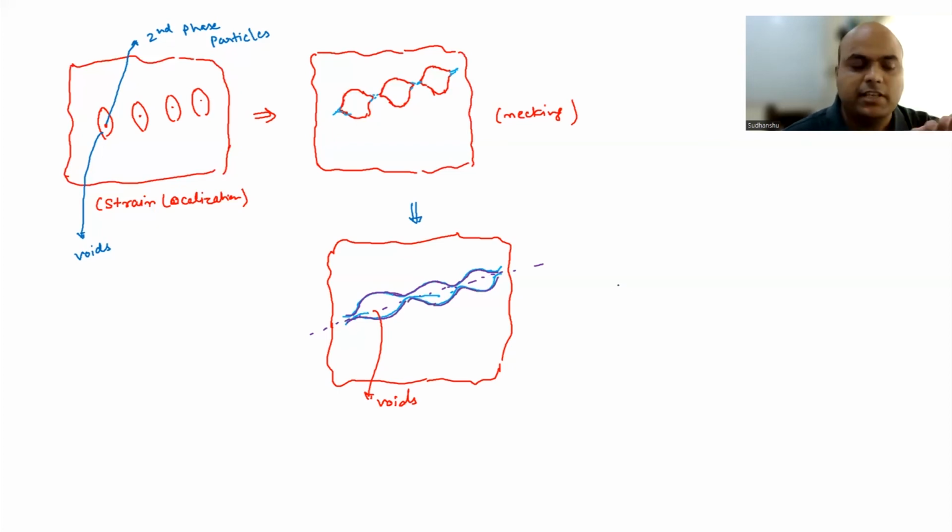If I see from the top view or side view of the sample after fracture, you are going to see these voids, and these are called dimples. Okay, so these are your dimples.